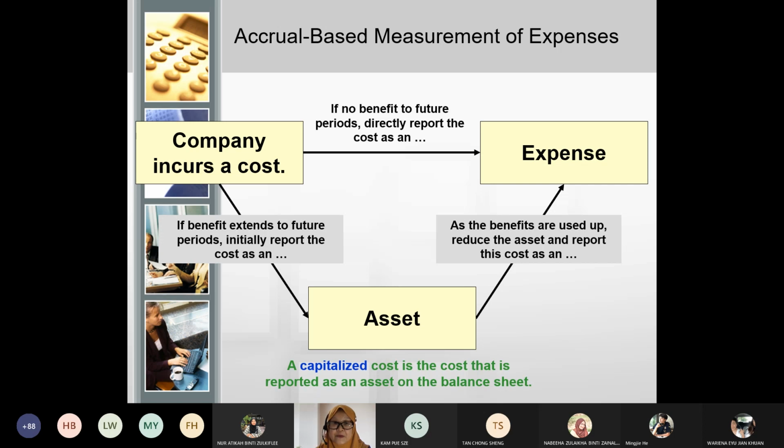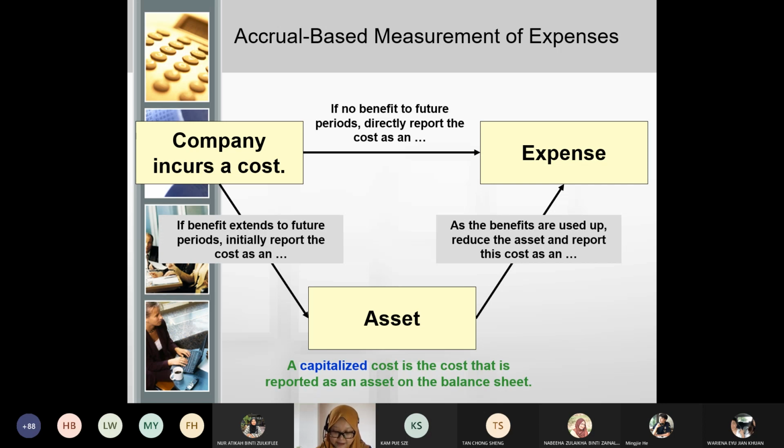Okay, but if you find the cost has a benefit in the future, which is the cost has probable future economic benefits, then we have to capitalize it. Okay, we capitalize it as an asset, and then we report it in the statement of financial position.